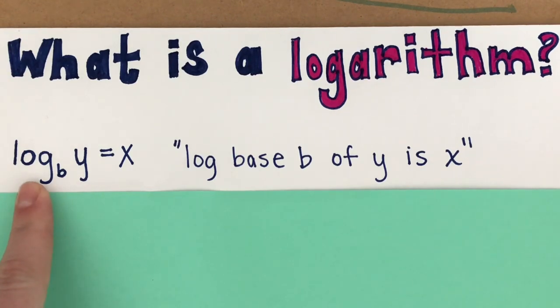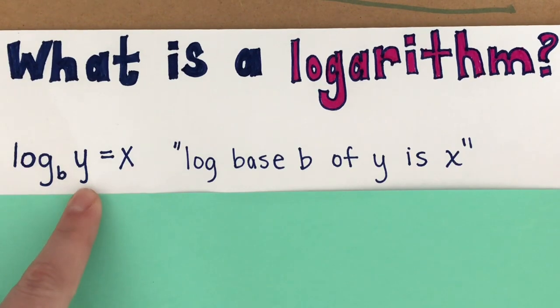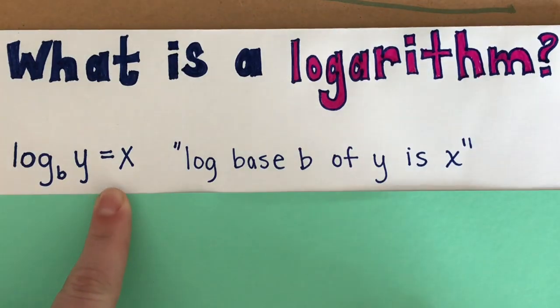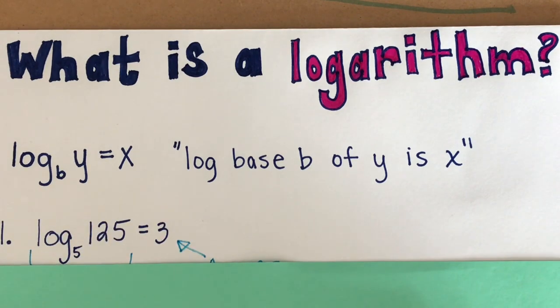So this says log base b, and that's how we say it. We call it base b of y equals x. Well, right now I'm just looking at it as this equation for you guys, and this is what a log is, and this is how we say it. But it's honestly not as scary as some people think it is.